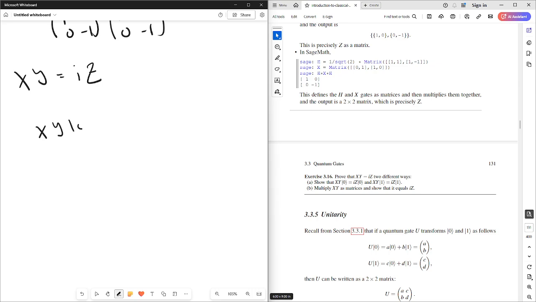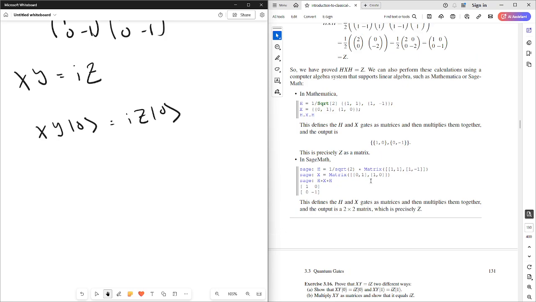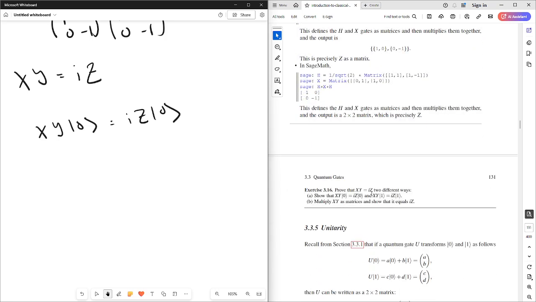First, showing that XY on state 0 is the same thing as applying IZ to 0. So the Y gate applied to 0 is, all right, perfect.